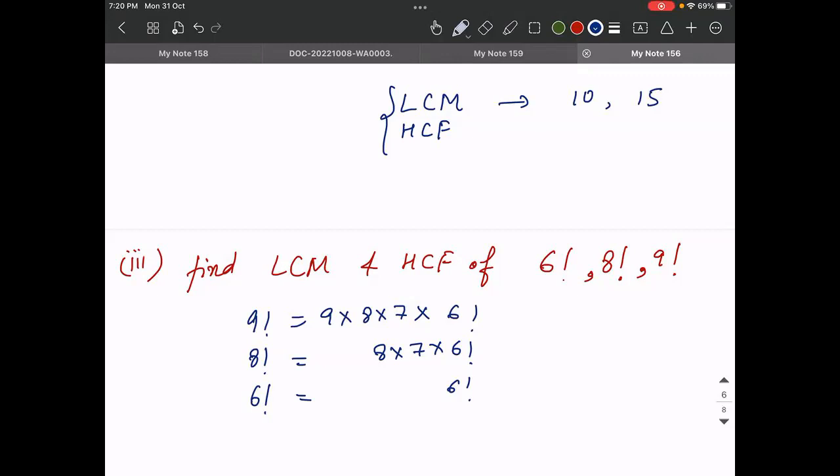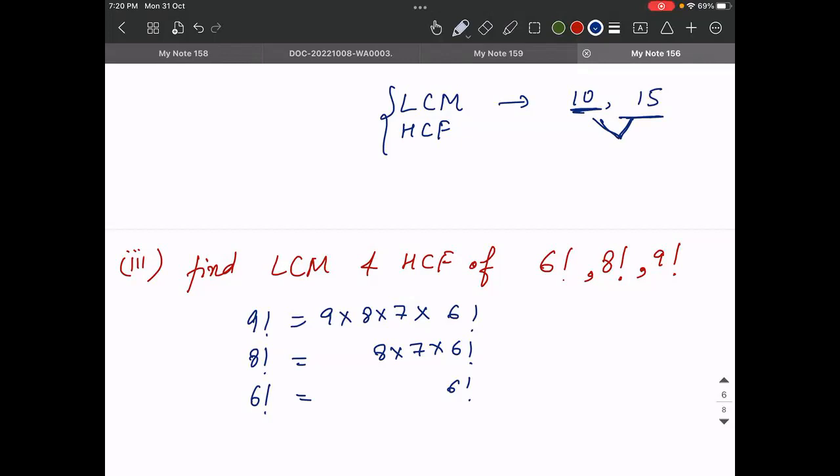I can see. Murli, you're understanding, right? What you will do? You will try to find a number which is divisible by both 10 and 15. So which is that lowest number? 30, right? That's what the meaning of LCM is.